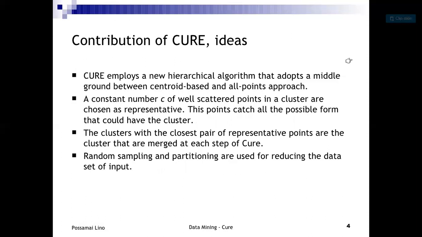A constant number C of well scattered points in a cluster are chosen as representatives. These points capture all the possible forms that the clusters could have. We select the C number of representatives, and these are calculated through some algorithm that uses all the possible points that the cluster could have.